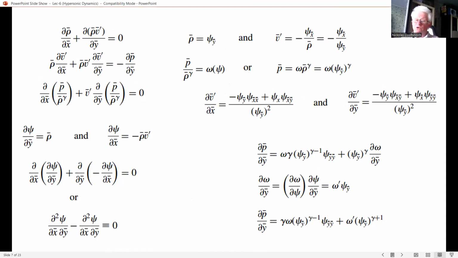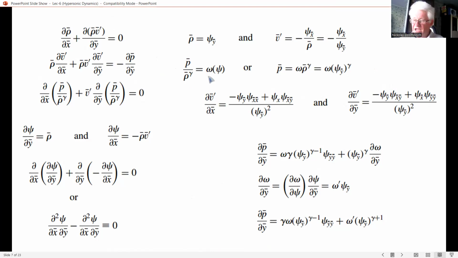And this is true because for an isentropic flow, the entropy conditions here are constant along a streamline. And by definition of a stream function, psi is also constant along a streamline. And hence we can get these two expressions on the right side of this one.